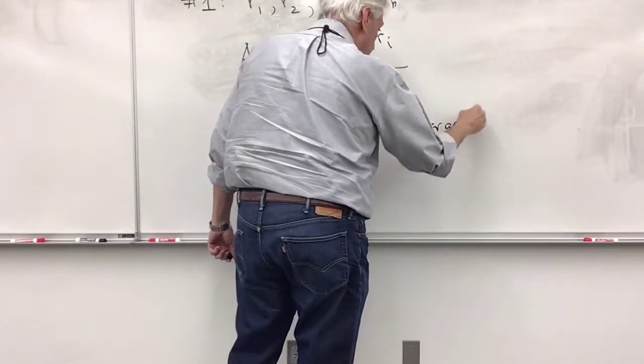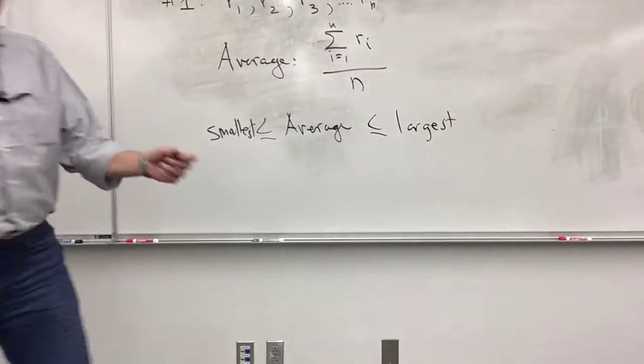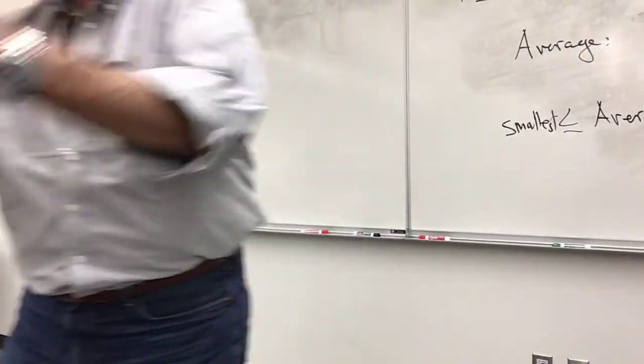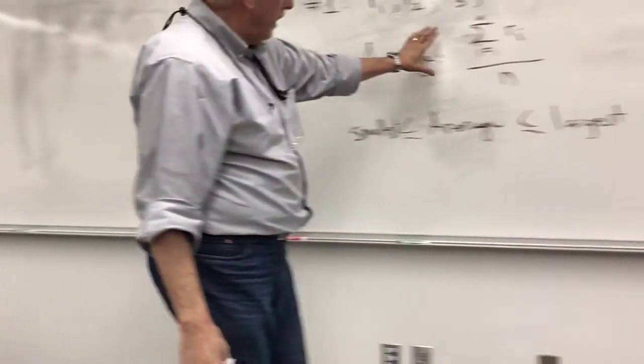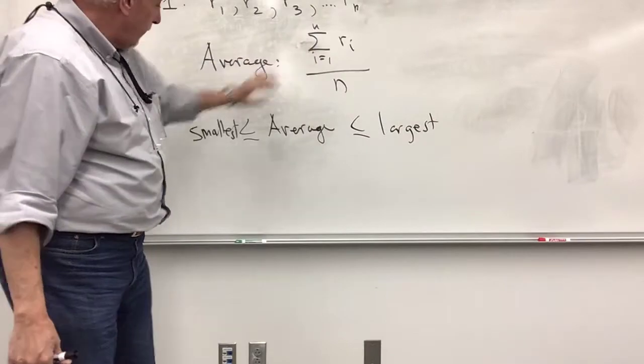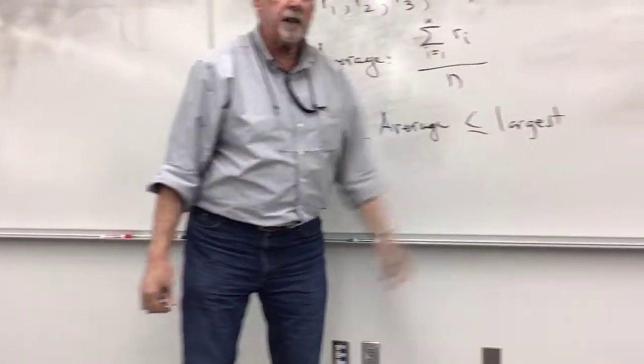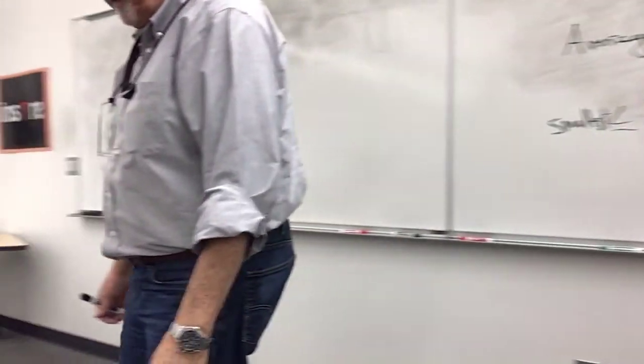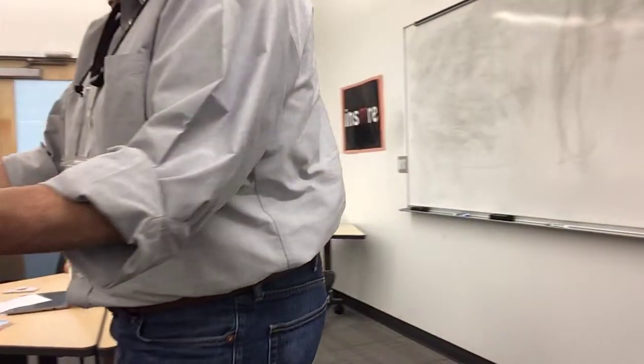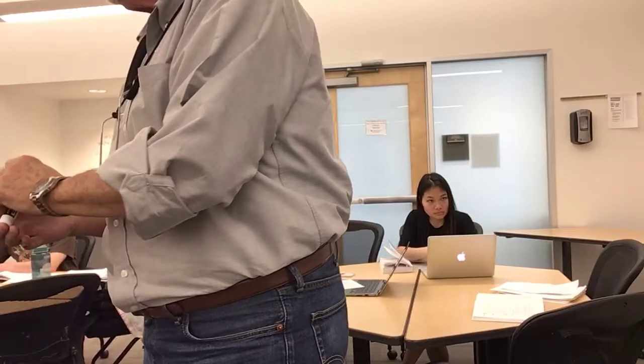This is something that you know about real numbers. Forget degrees, forget graphs, just real numbers. If I take n real numbers and take their average, then the average lies somewhere between the smallest and the largest. But in fact, degrees are just real numbers.